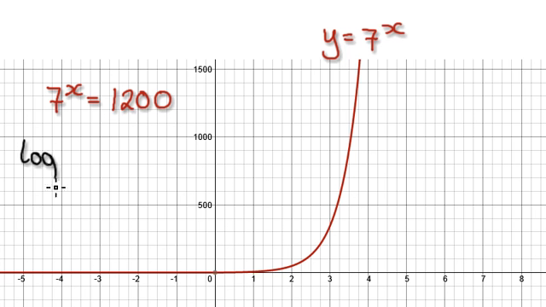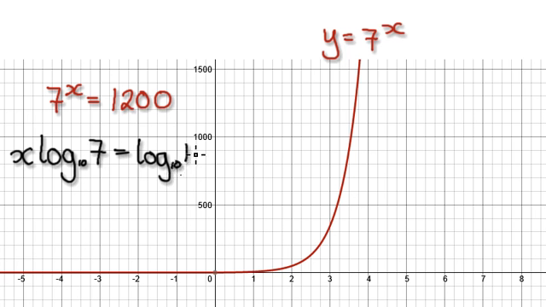That would be log base 10, and then for some reason this x here goes down here. When you log both sides, for some reason the x goes down here, so it would be log base 10 of 7, and then on this side you log base 10 of this thing here. I don't know why, but this x here goes out here. Just accept that it does for the time being.